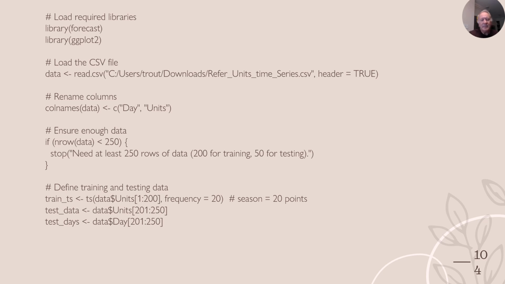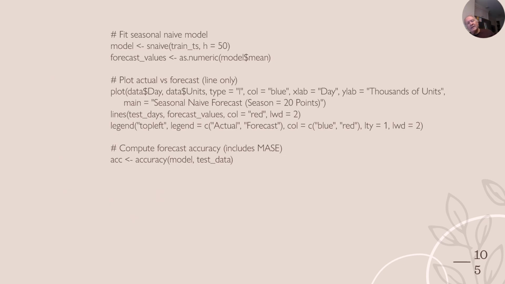So we'll go ahead and set it up. We have the training unit defined, points 1 through 200, and then the test data, points 201 to 250, and then the test days are 201 to 250. We'll fit the seasonal model to it, using the training data to train it, and then we're going to use it to forecast our values.